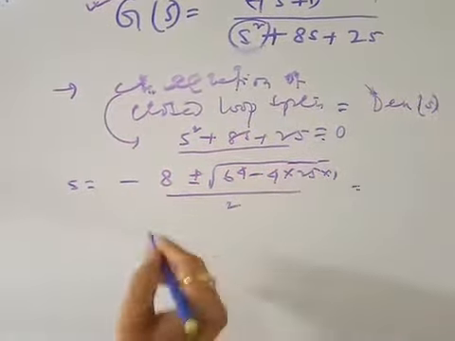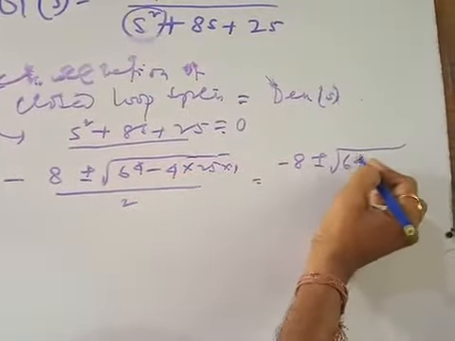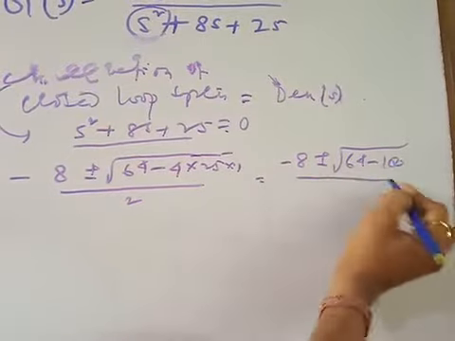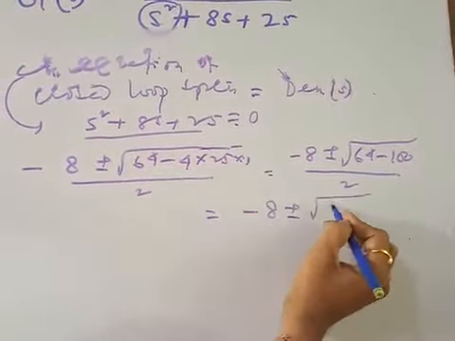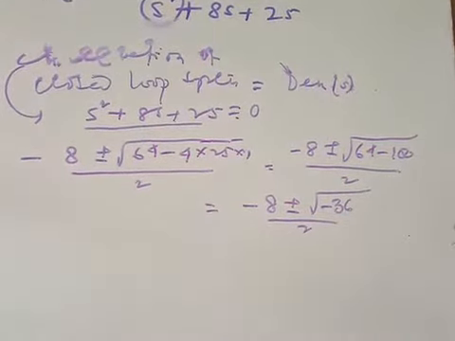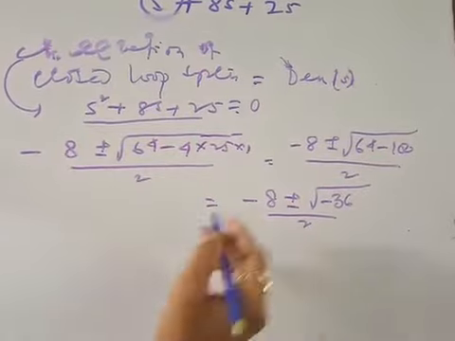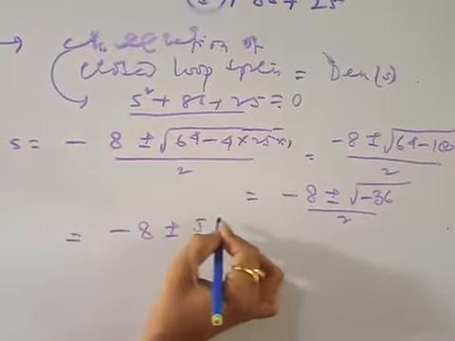So this will give you minus 8 plus minus root over 64 minus 100, by 2. So this is under root minus 36. So definitely we will get a complex value, that is minus 8 plus minus j6 by 2, that is minus 4 plus minus j3.